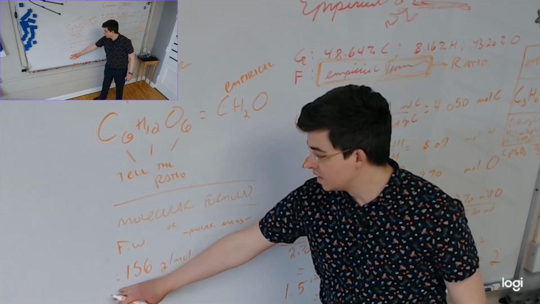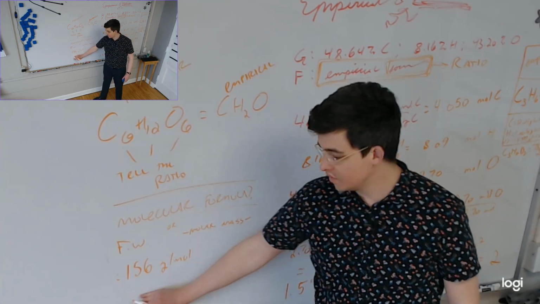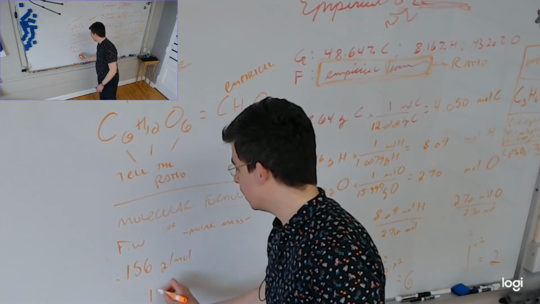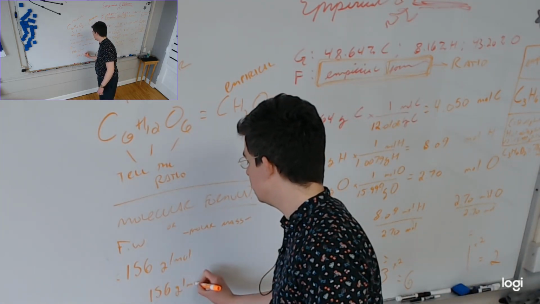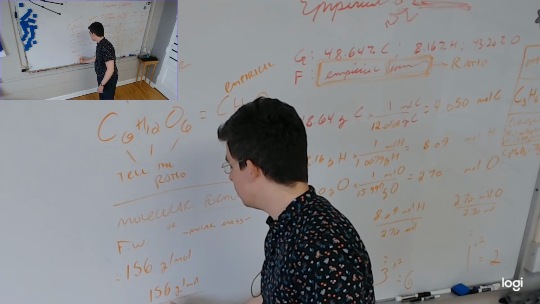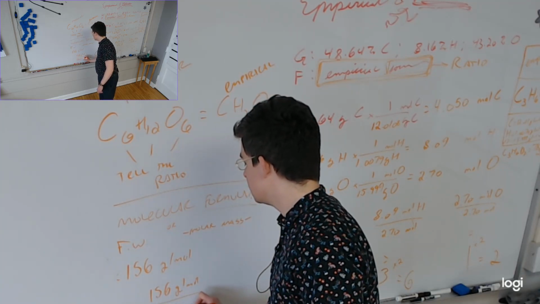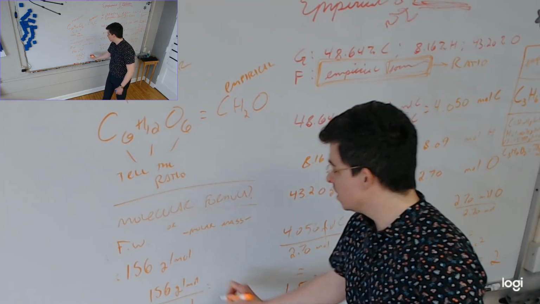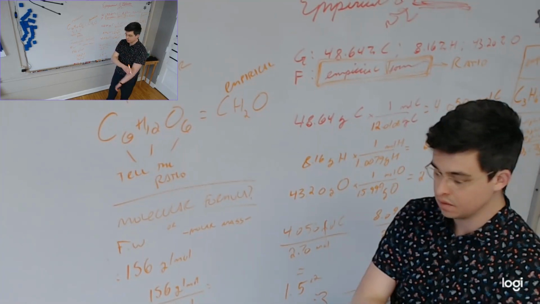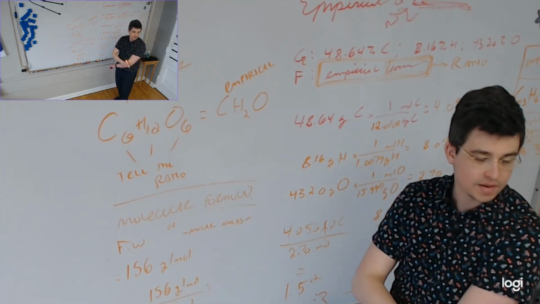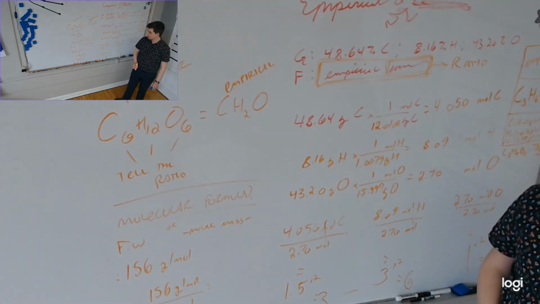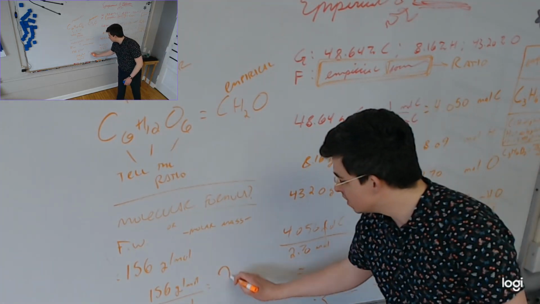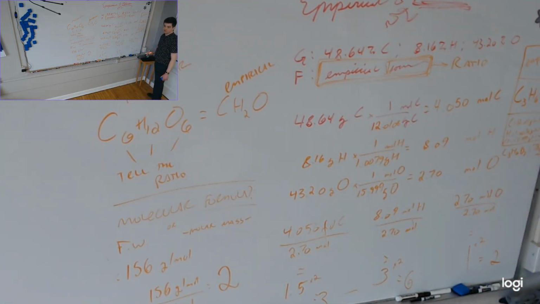All I have to do is divide my given formula weight, 156 grams per mole, by my found formula weight, 78 grams per mole. And what do I find there? What's 156 divided by 78? It's 2.